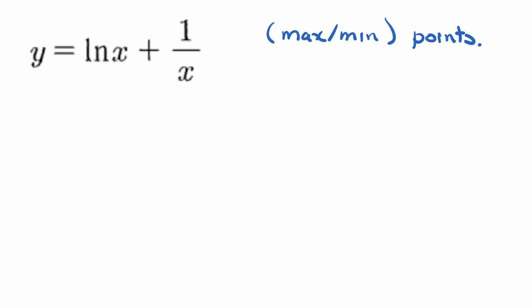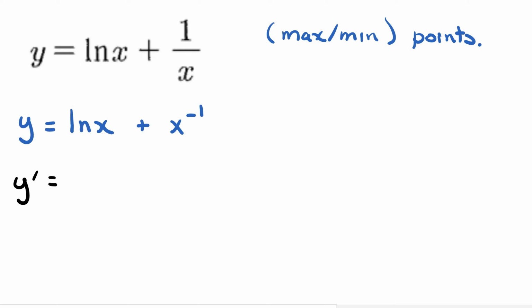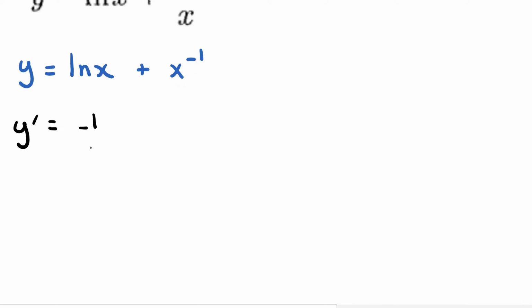Step number 1 is we're definitely going to have to take the derivative of this function one more time. Right from the get-go, you could rewrite this in derivative-ready form: y equals ln x plus x to the power minus 1. Now we can take the derivative. The derivative of ln x is 1 over x, and the derivative of x to the power negative 1 is negative x to the power negative 2.